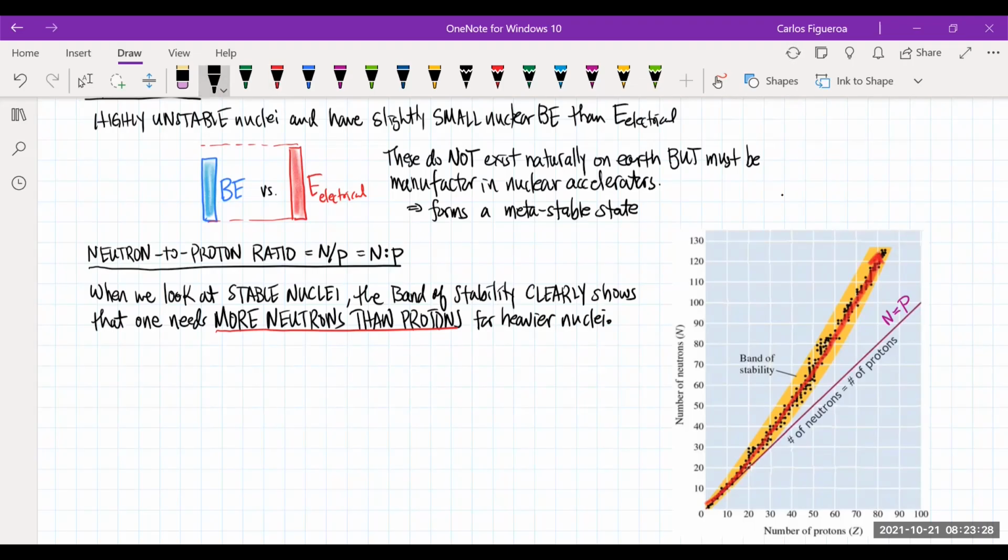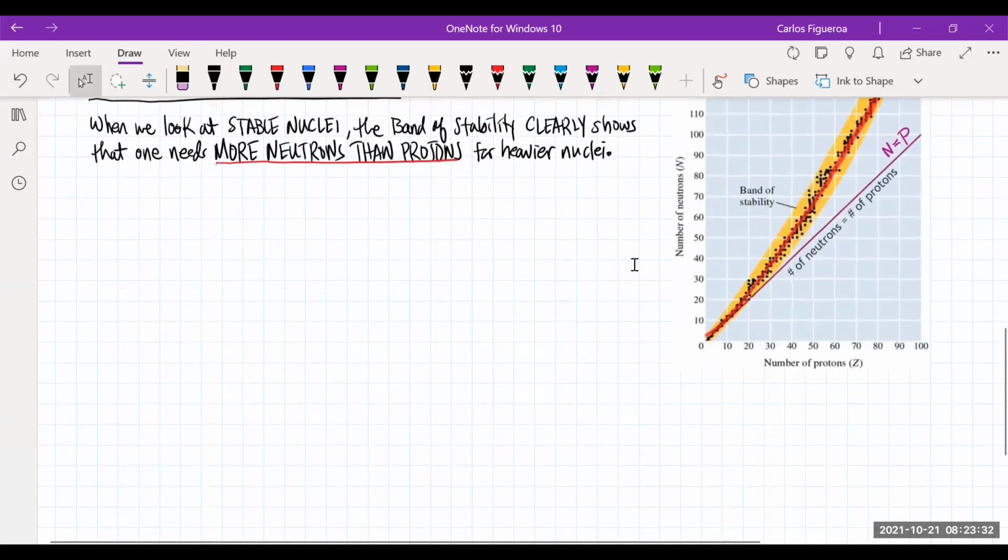And what you're going to see here is that 3 of the most important nuclei on the periodic table are these. And the question that we want to answer is why?